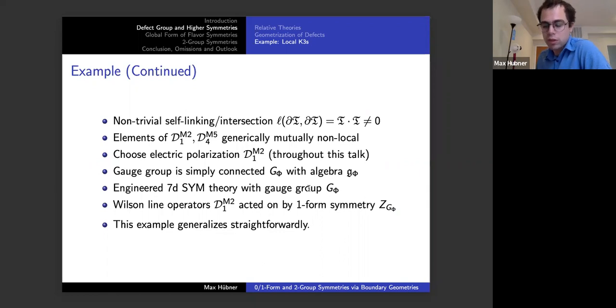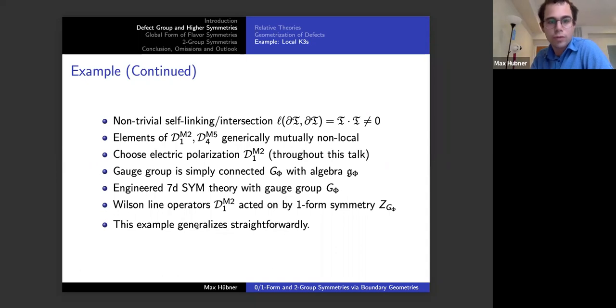One always needs to ask what the non-compact cycles are, similar to the cigars in the geometry. One then needs to look at the boundaries of these cycles in the boundary of the engineering space and ask how they link. This then allows you to choose a polarization, and this completely fixes the higher form symmetries of the theory you've engineered.